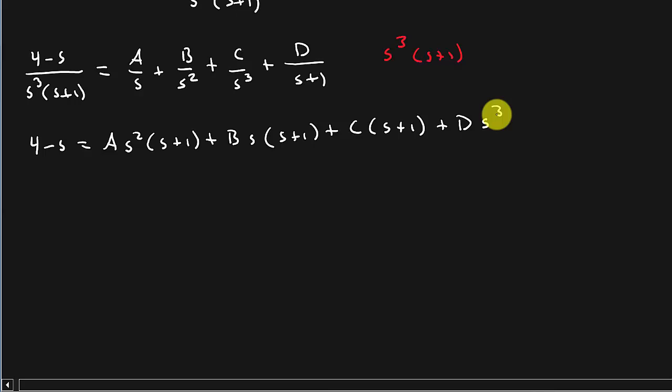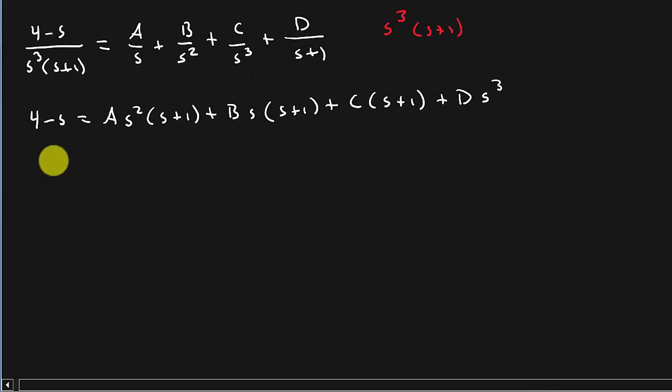All right. And so now, simplify this a little bit. We can let s equal 0, so we're going to plug 0 in for everything. That's going to give me 4 equals. Now this term goes out, this term goes out, and this term goes out. If I plug 0 in for s, that's just going to give me c. So I get c equals 4.